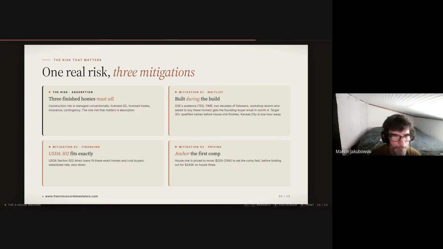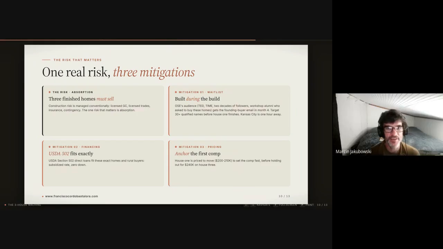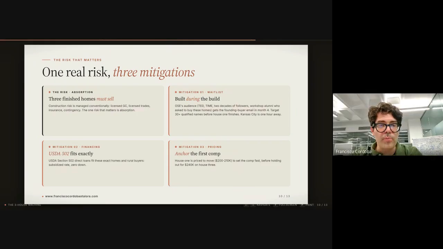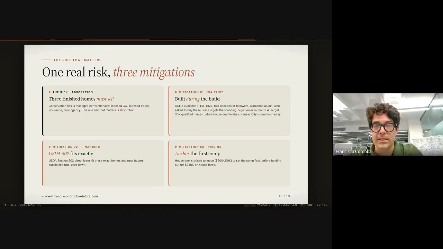Yep. The other part that I put is, I'm aware of USDA Section 502. Is that the direct loan program for low income households if they want to buy rural homes? So this may help for the pre-sale, maybe we can promote in that way, and this fits exactly for that line of financing.